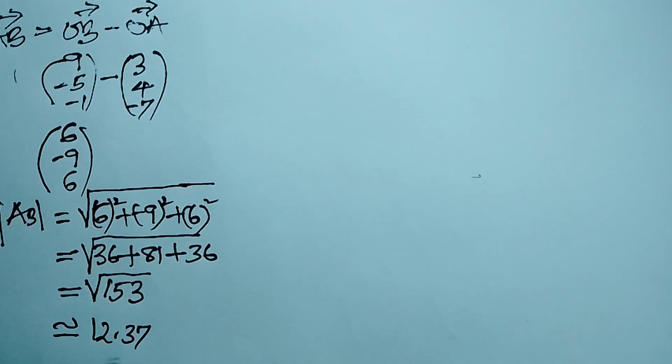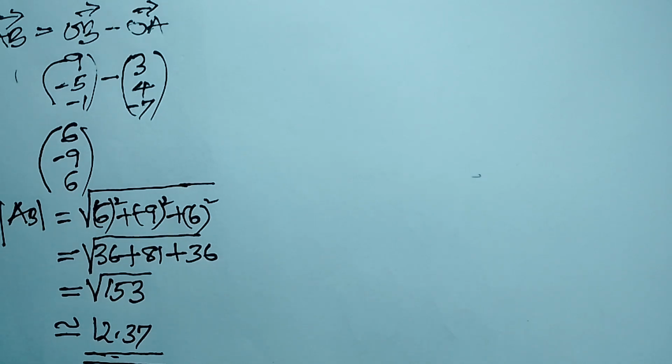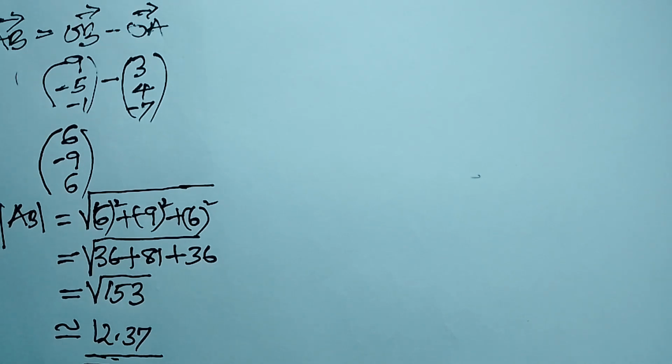It is important that at times you may be asked to give it correct to 4 significant figures or 2 decimal places, and it is up to you to adhere to what the examiner requires from you.